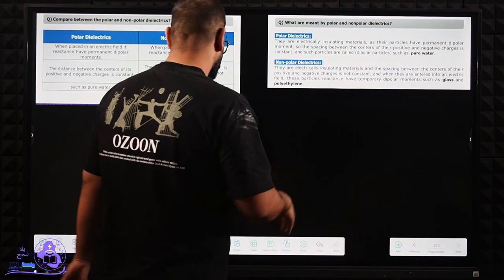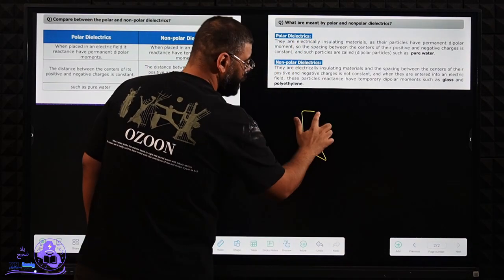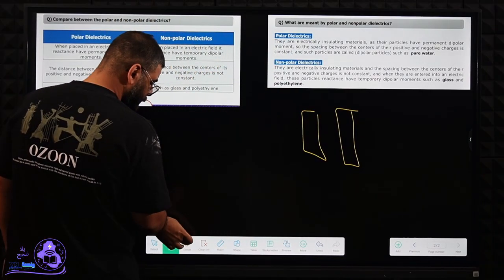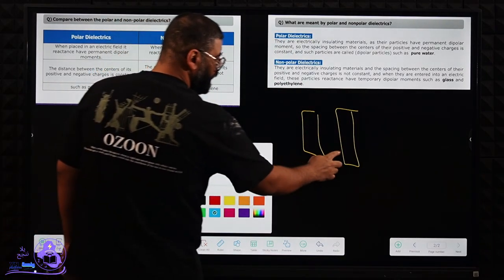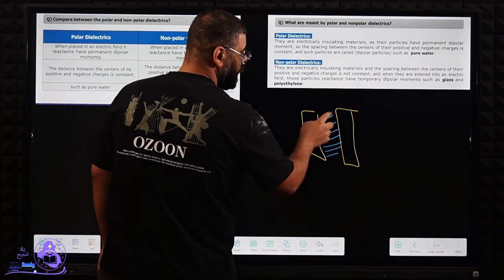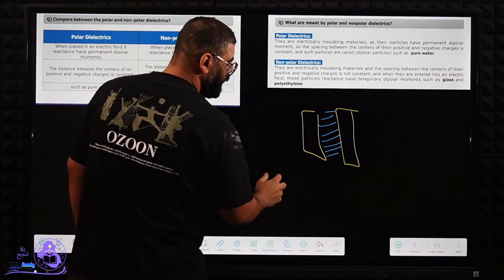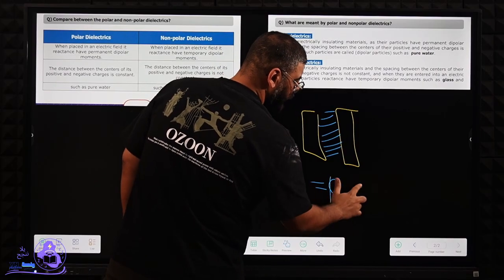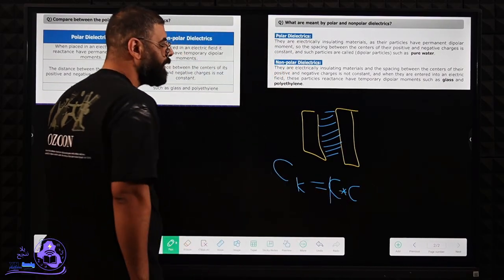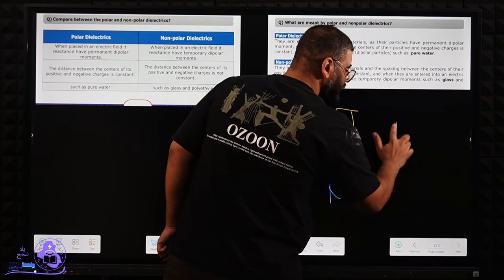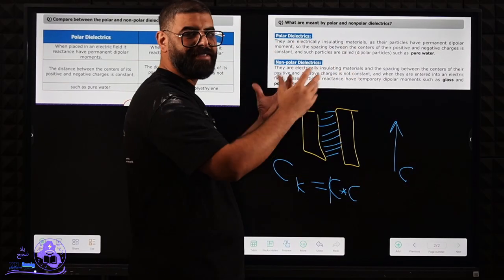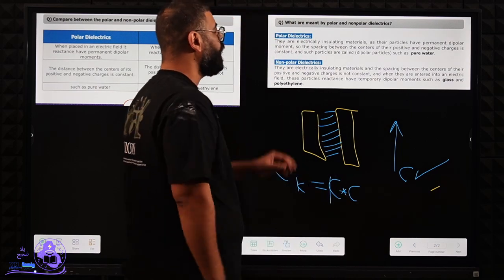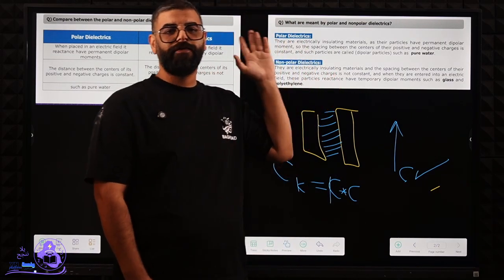When there is a dielectric in the capacitor, that means C_k equals K multiplied by C. That means the capacity of the capacitor will be increased no matter the type of the dielectric.